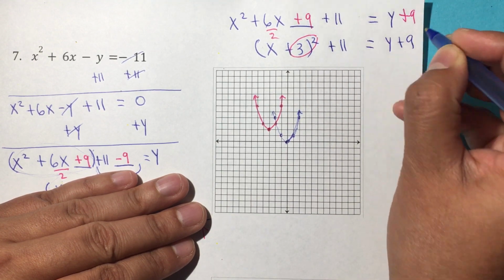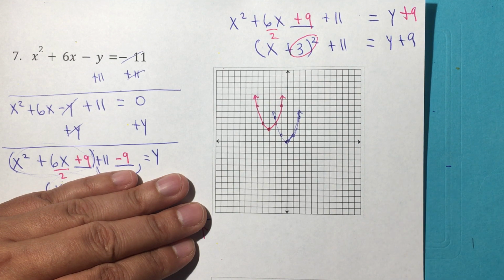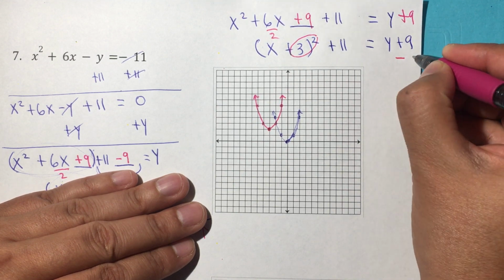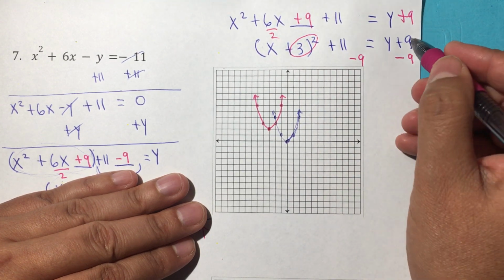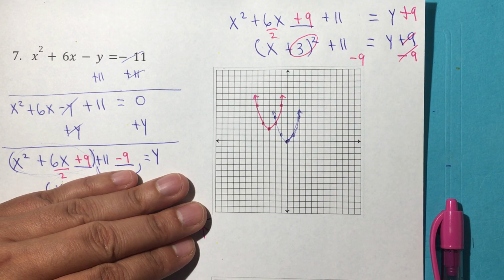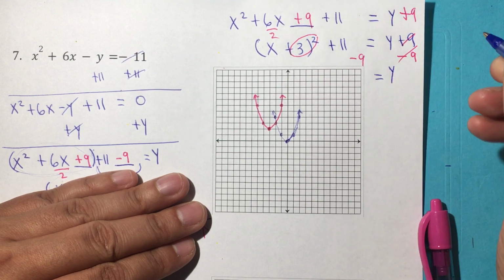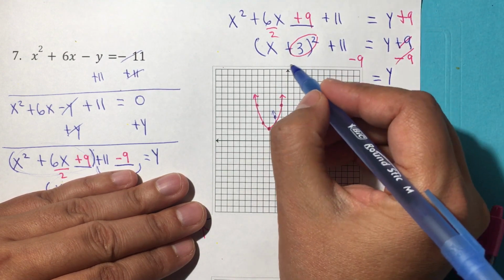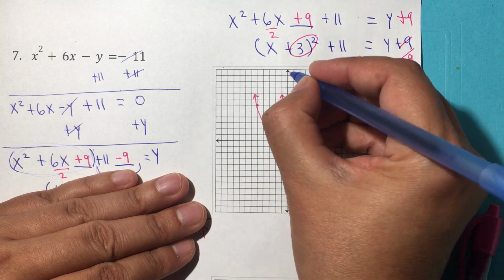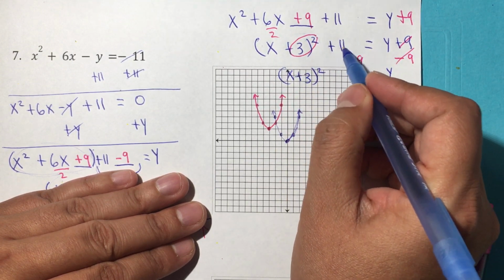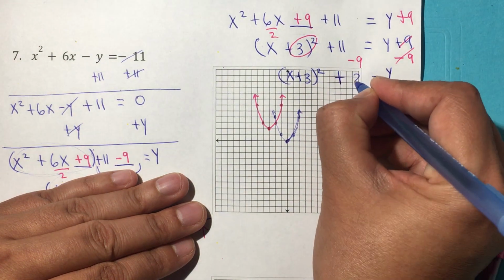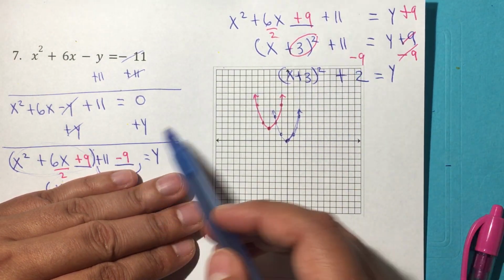So this gives me y plus 9. However, I want to leave y by itself, so I'm just going to subtract 9 from both sides. This cancels, and I end up with y equals, and then in here I just bring down this part, which is x plus 3 squared, and 11 minus 9 is +2. So see, at the end it is the same thing.